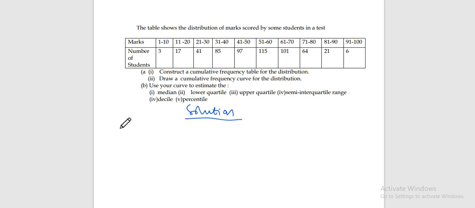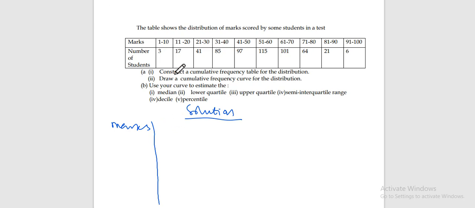And we do this now. Let's start with the marks, the class boundaries and the cumulative frequency.